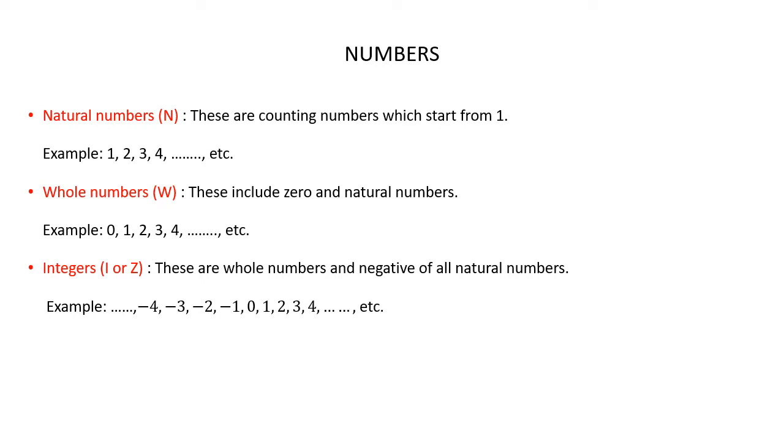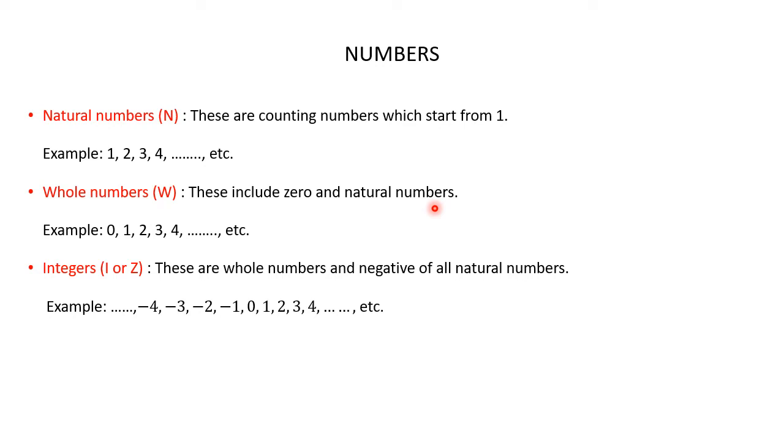So let's understand what natural numbers, whole numbers, and integers are. Natural numbers are counting numbers which start from 1. For example, 1, 2, 3, 4, 5, 6, 7, etc. Whole numbers include 0 and natural numbers.